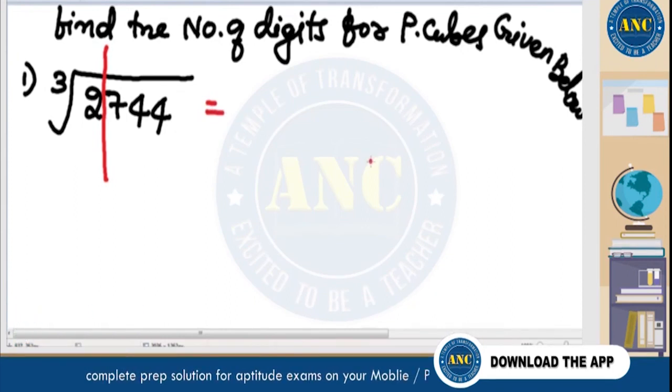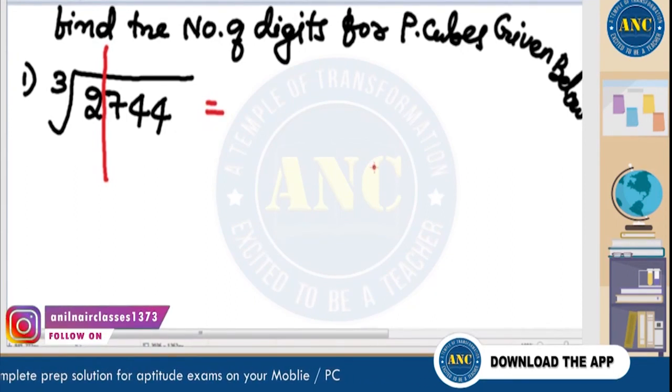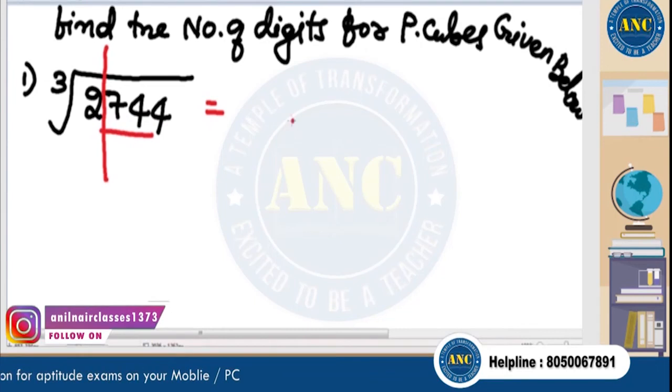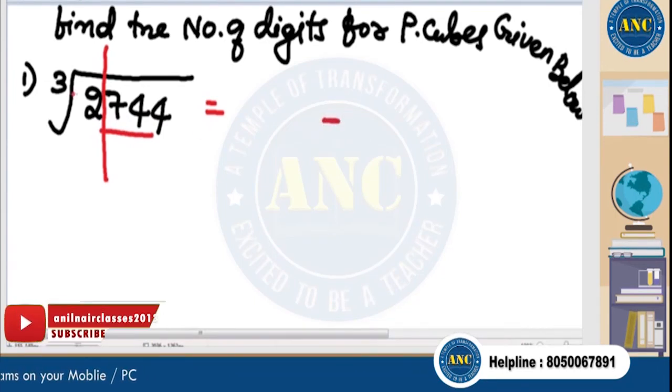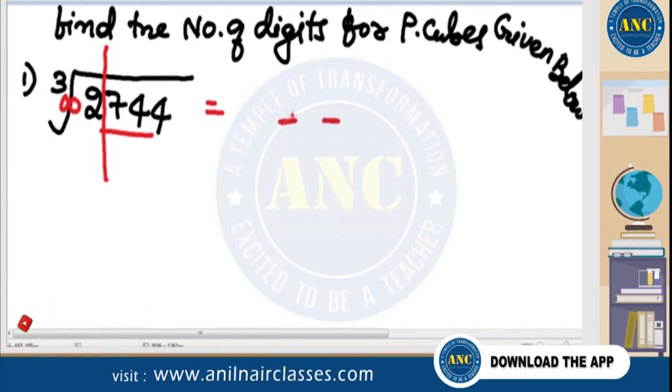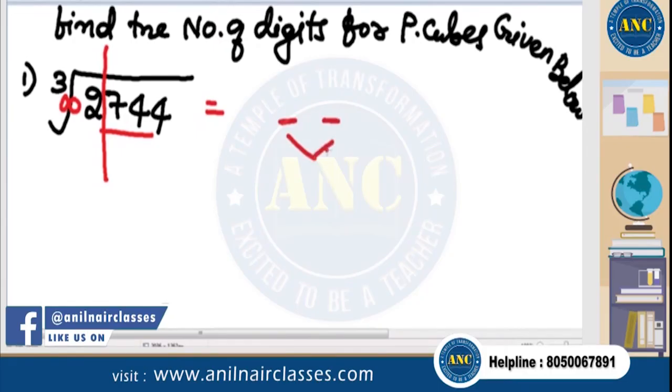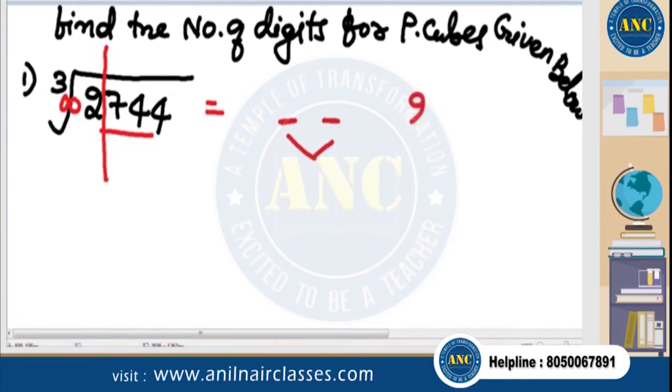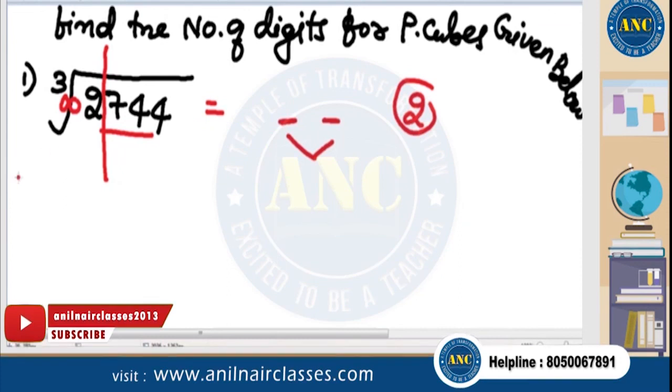A group should contain a maximum of 3 digits. This is one group, 1 digit will come. 2 can be written as 002. Another group. How many groups are there, that many digits will be there in the answer. Answer will have 2 digits.